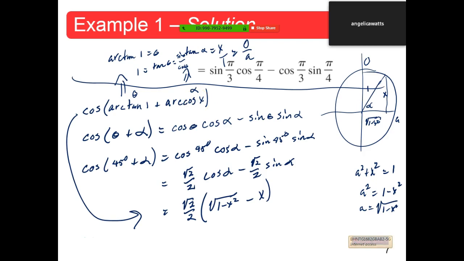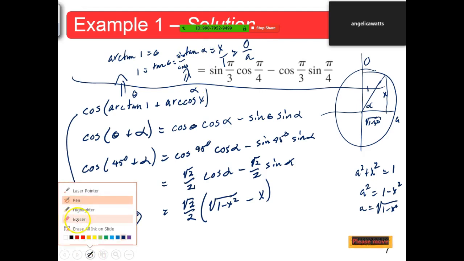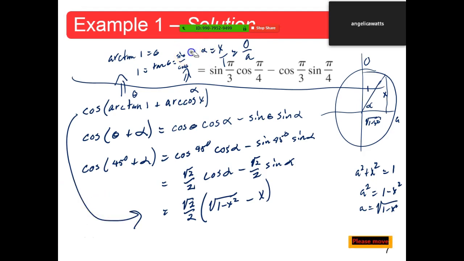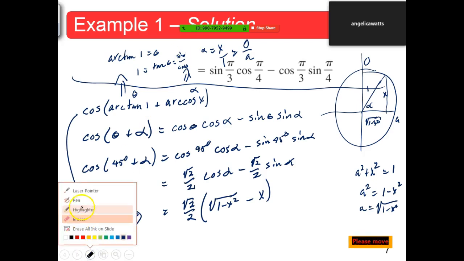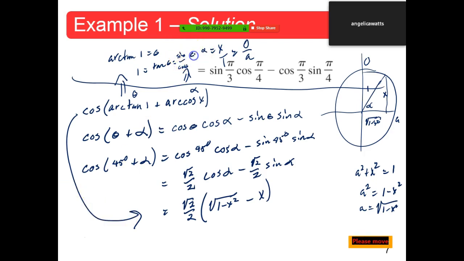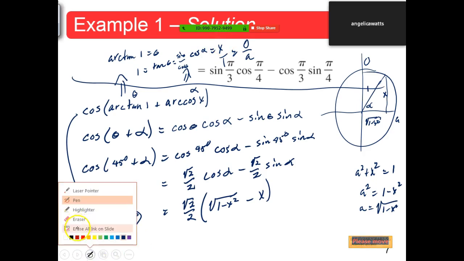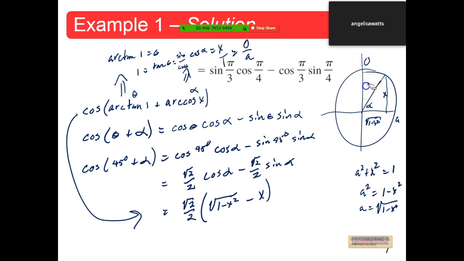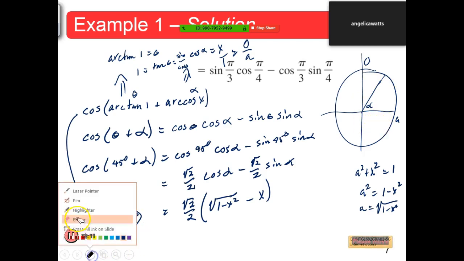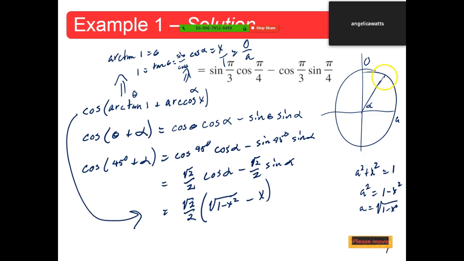Okay. Well, you do everything we did here, only this is going to be cosine of alpha. And this made the whole problem a little bit easier. Cosine of alpha is equal to x. That's what we wanted it to be. So let's get these corrected here too. Okay. This really made the whole problem easier. Because the cosine, that's your x.